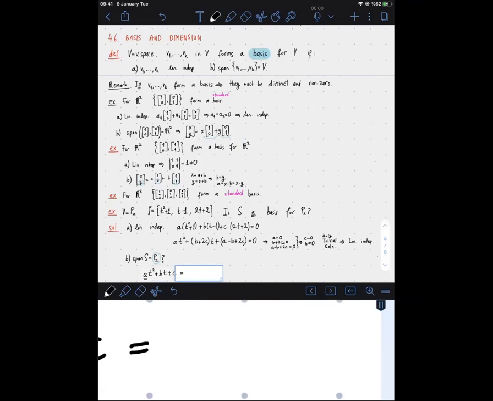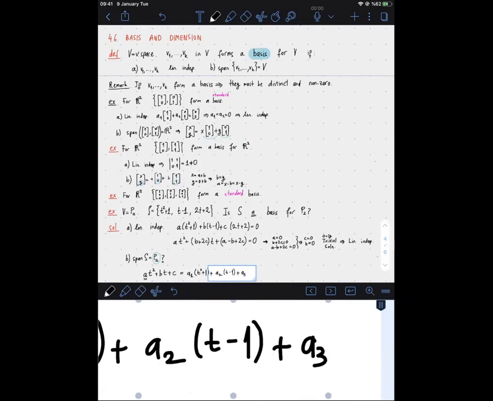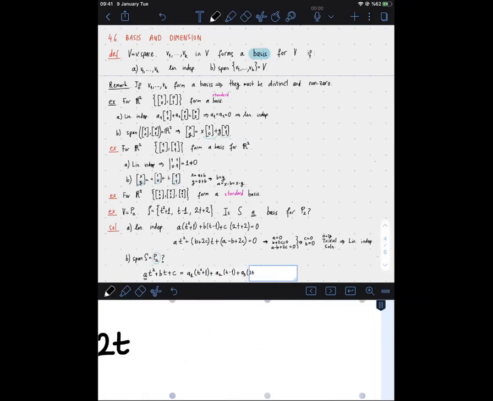We want to write it as a linear combination of vectors in S, which means A1 times t squared plus 1 plus A2 times the second vector, t minus 1, plus A3 times the third vector, 2t plus 2. We want to know whether we can solve this system for any A, B, C, so we want to find A1, A2, A3 in terms of A, B, and C.